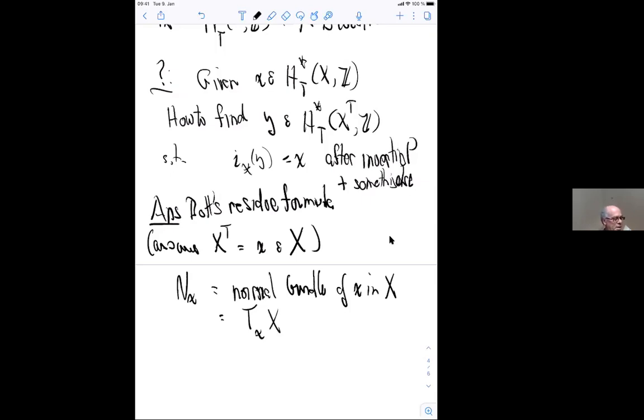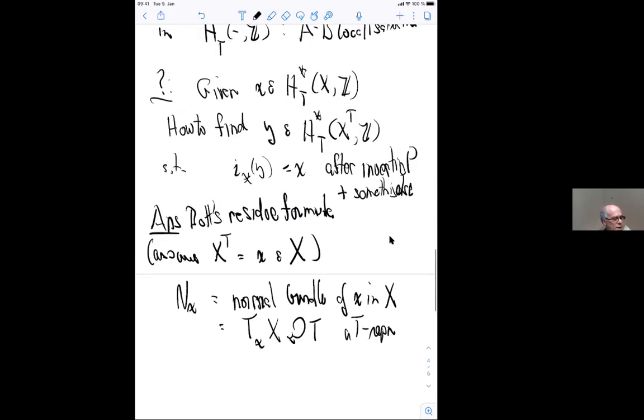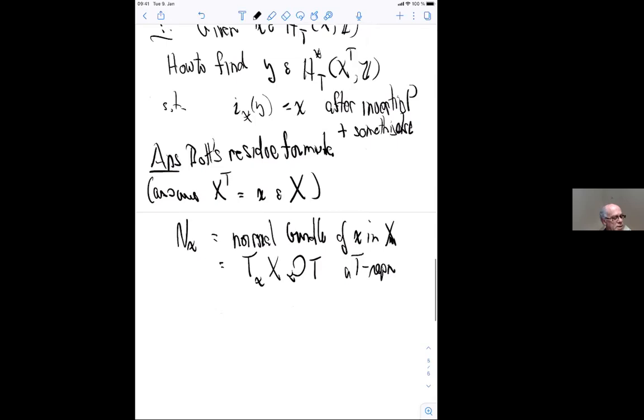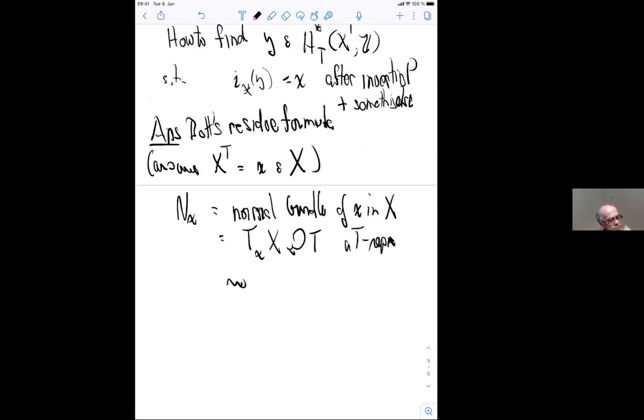And since x is a fixed point, the torus acts on this, so you have a T representation. And that then has an Euler class in the cohomology of BT. So let's also invert this.